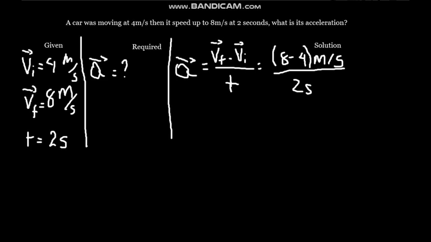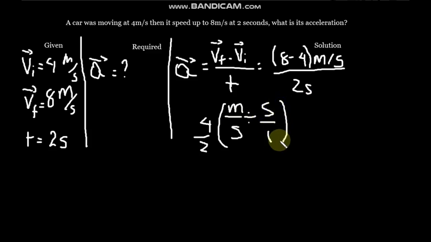So how do you verify that meter per second over second is meter per second squared? 8 minus 4 is 4, and you make a bracket, meter per second, sorry, I forgot 2, 4 over 2 meter per second divided by second over 1. We obviously know that any number has the denominator of 1. So the way to divide fractions is by finding the reciprocal.